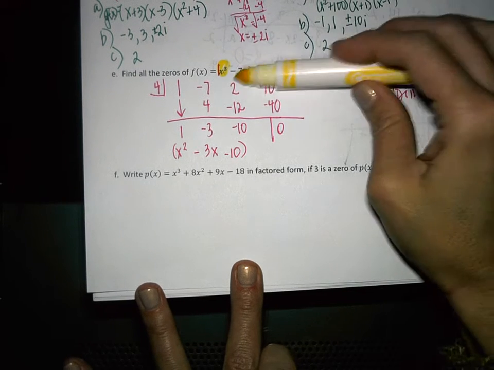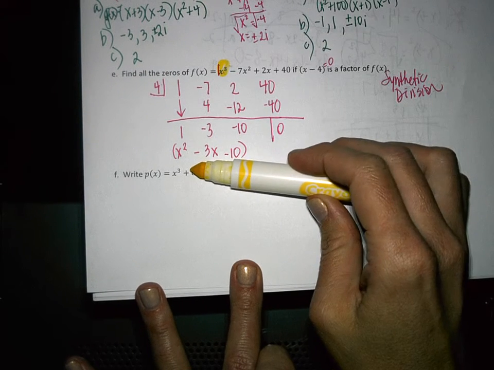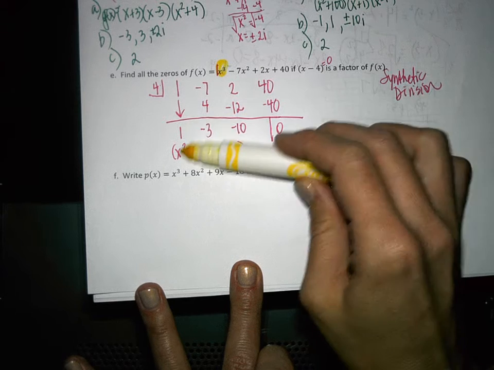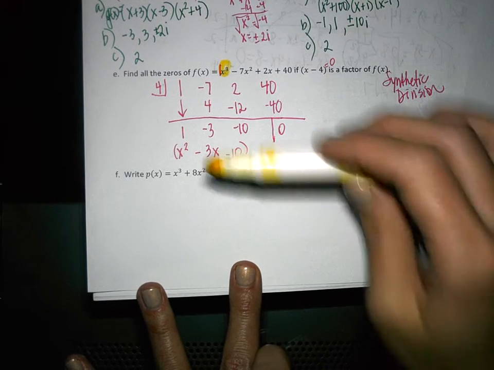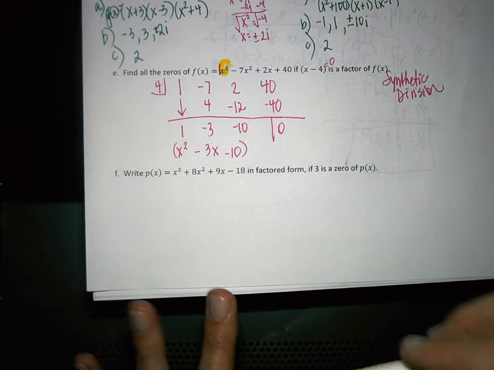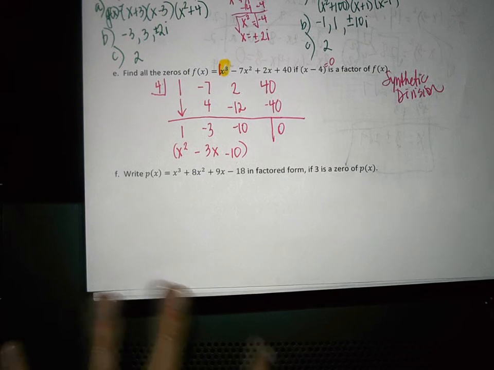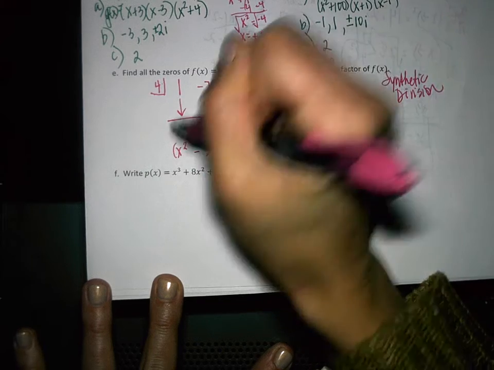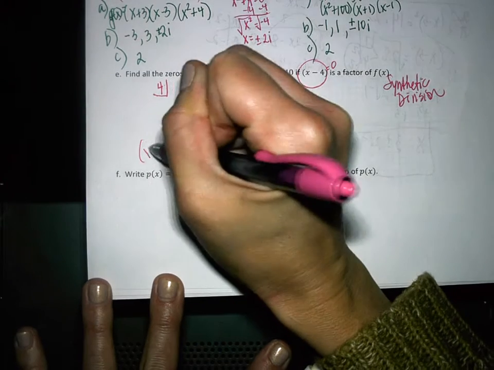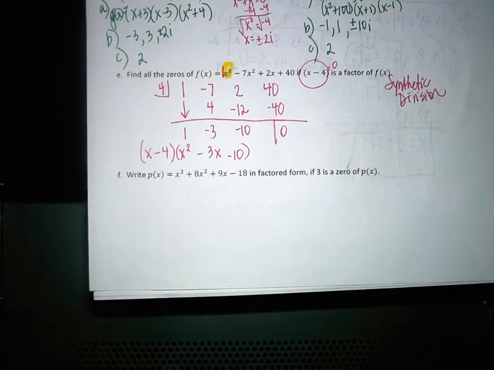You go down by 1. So x squared, and then from there you go down by 1, minus 3x, and then minus 10. It should be in descending order, going down by 1 exponent every time. Now what you need to be careful of is that this is still part of your factored form. You still have your x minus 4 that you divided there.